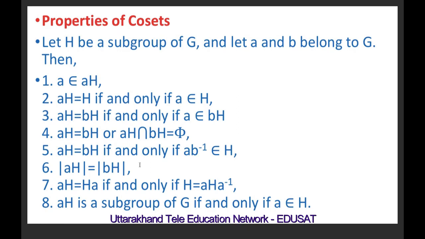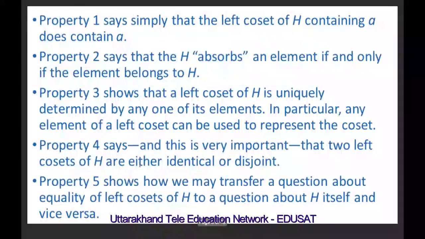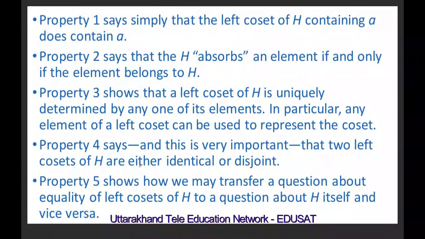Indeed, we may view the cosets of H as a partitioning of G into equivalence classes under the equivalence relation defined by A related to B if AH equal to BH. So these are the explanation of all the properties which we have proved.